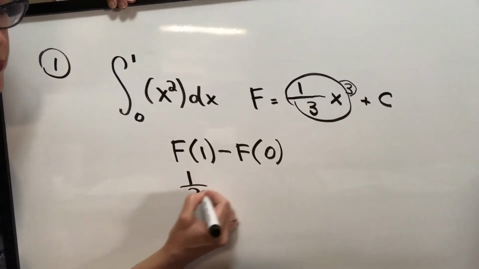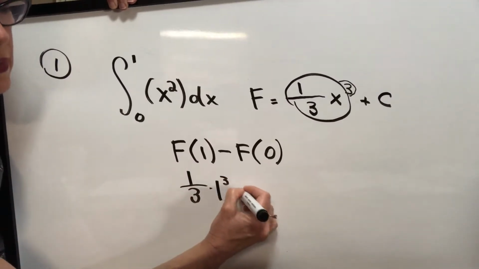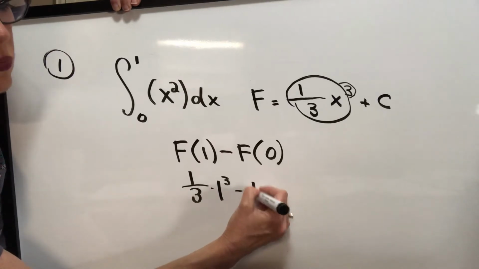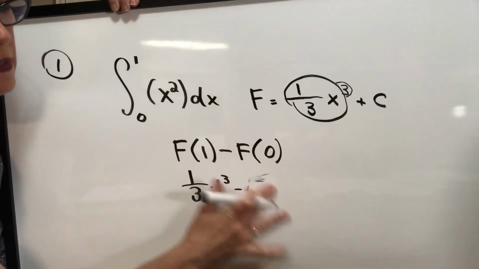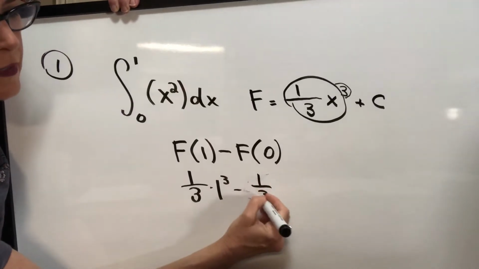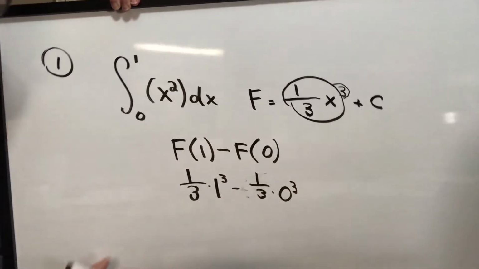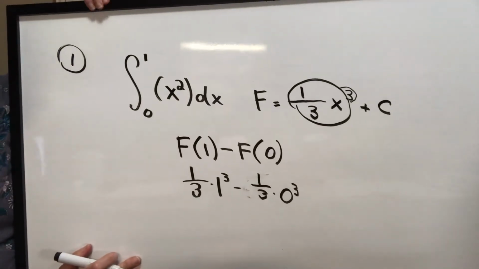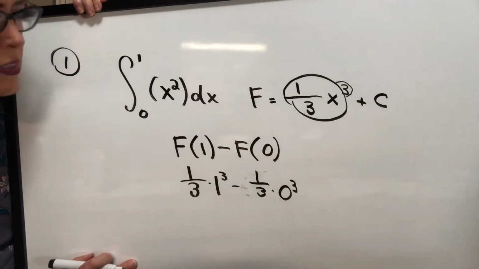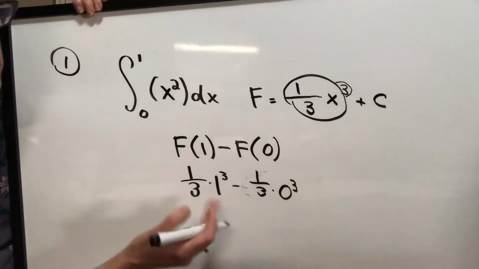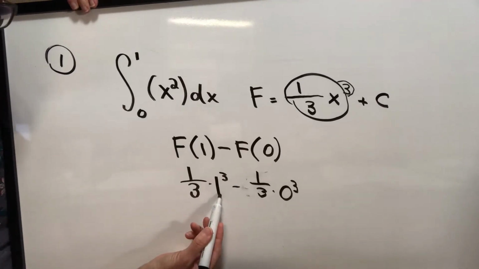So that would be 1/3 times 1 cubed, and then minus 1/3 times 0 cubed. And then we will just calculate what that is. So you're welcome to use a calculator. I won't know if you're using a calculator or not, so that's fine. But this is an easy one. 1 cubed would be 1.